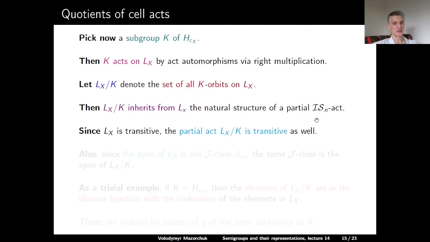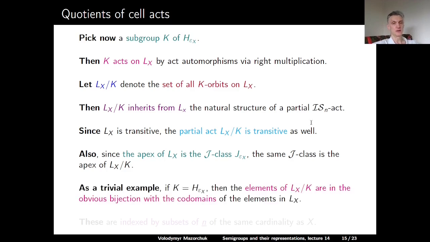Since Lx is transitive, this partial act will also be transitive. And since the apex of Lx is the J-class which contains our idempotent epsilon x, so that's the J-class J sub epsilon x, the same J-class is the apex of our quotient Lx modulo K.